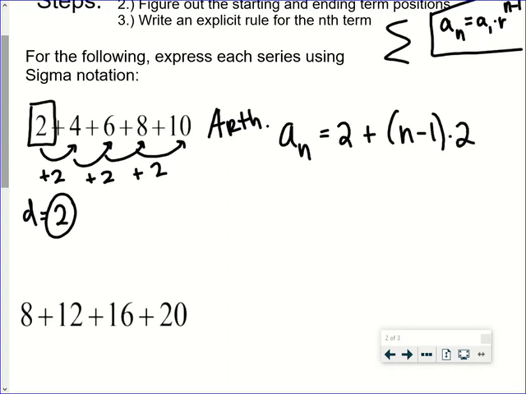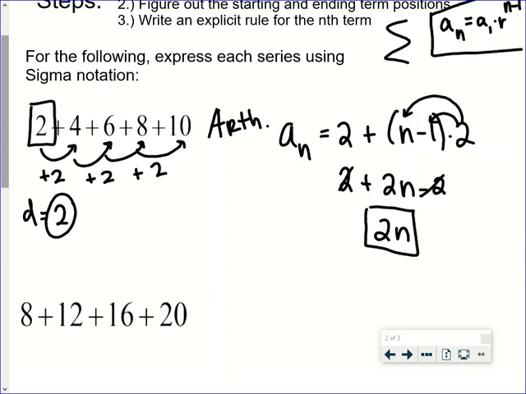Then what we're going to do next is just simplify that equation to get our formula. So we're going to distribute the 2 in. So we got 2 plus 2 times n is 2n, and then 2 times negative 1 is negative 2. So if you simplify that, the 2's cancel, and all we have left is 2n. So that's going to be our formula when we go to write our equation.